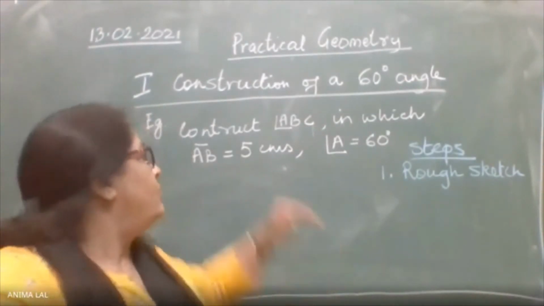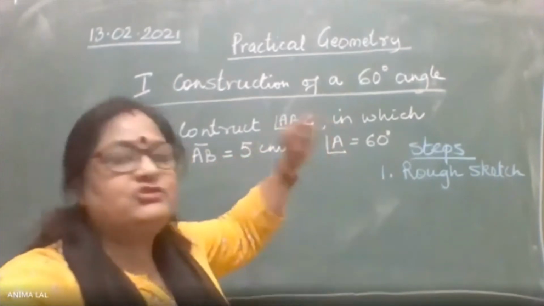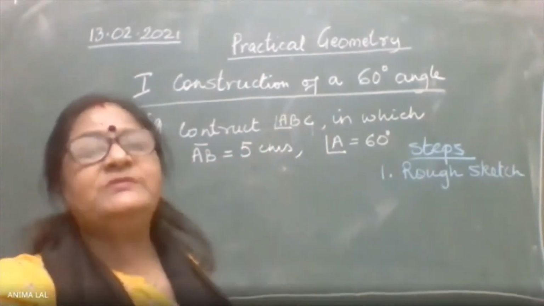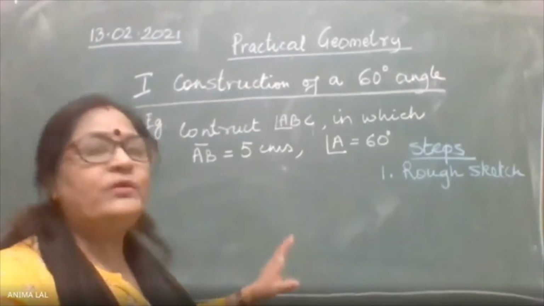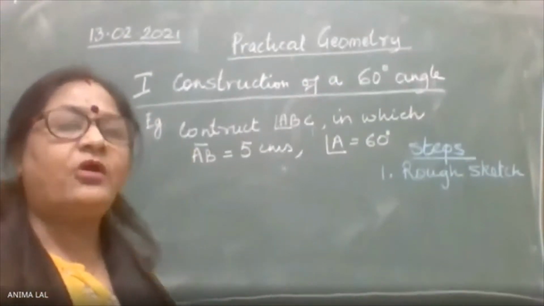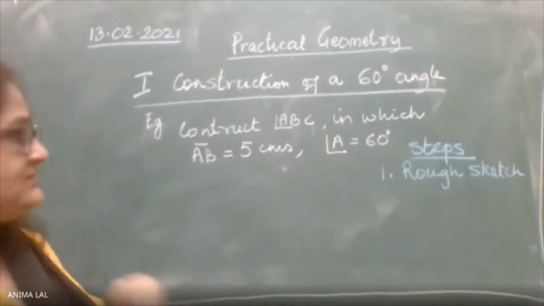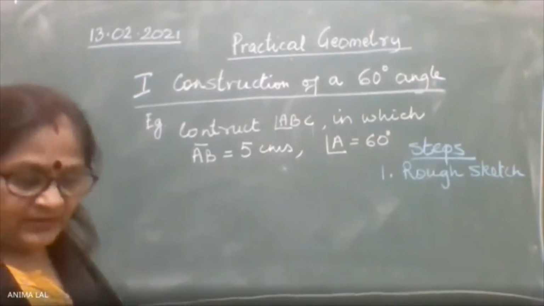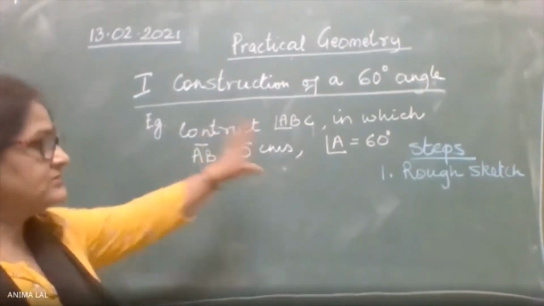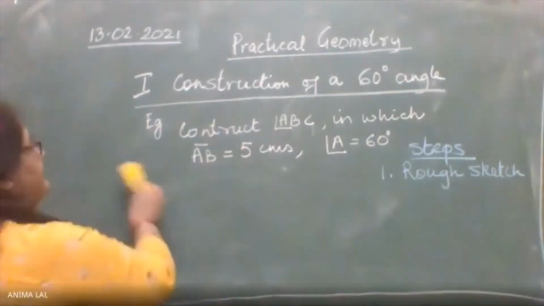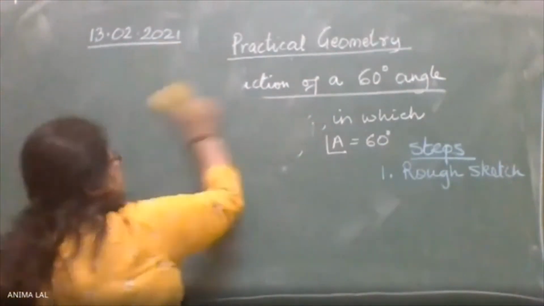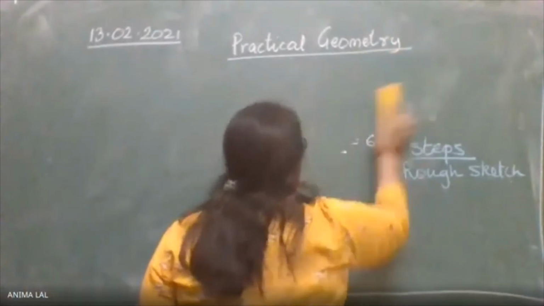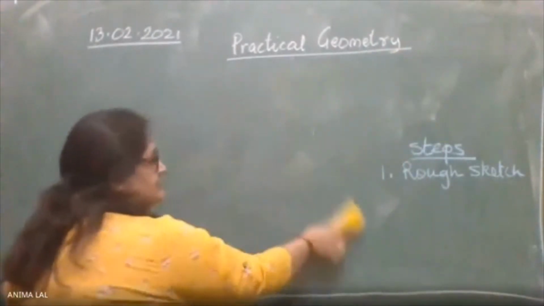But the measurements are to be written there. Once we write the measurements, we know exactly where your angle is placed. So, to draw the rough sketch, I'm rubbing this off because I don't have much space here. I'll do the construction on one side and the steps on the other.